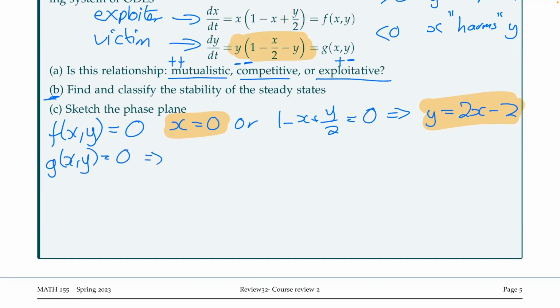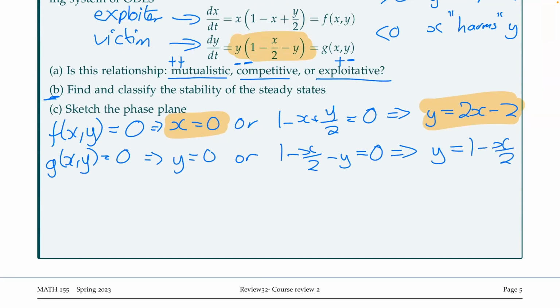Well, I either need y to be equal to 0, or the thing in brackets, 1 minus x over 2 minus y, equals 0. Again, I'm going to rearrange this in terms of y. So I need one of these two things to be equal to 0.